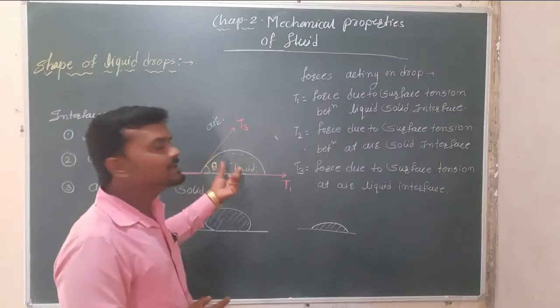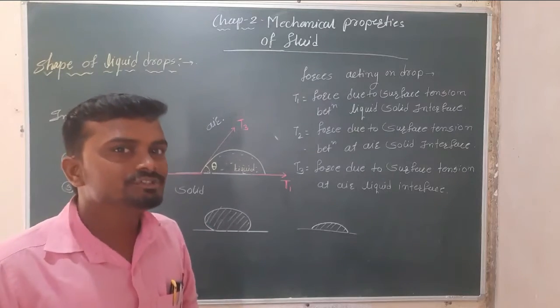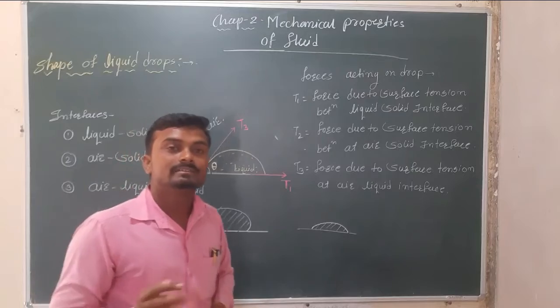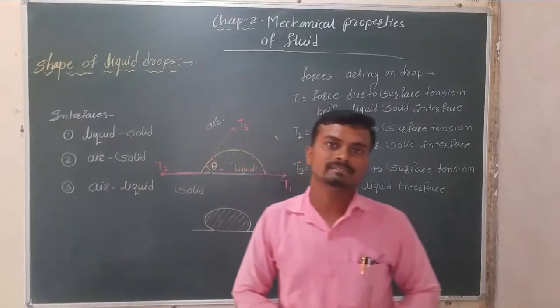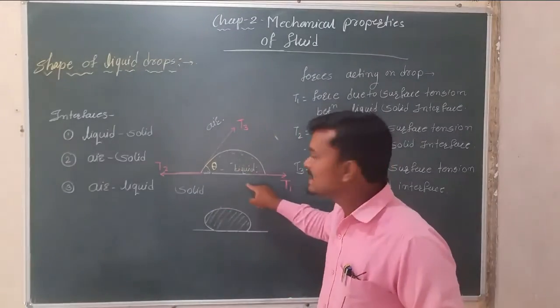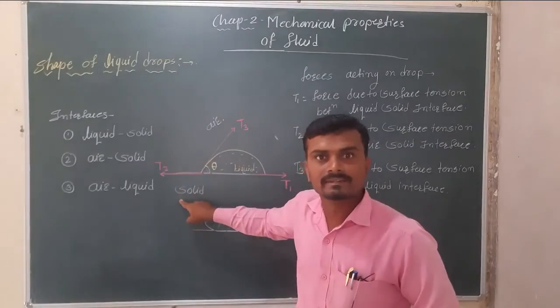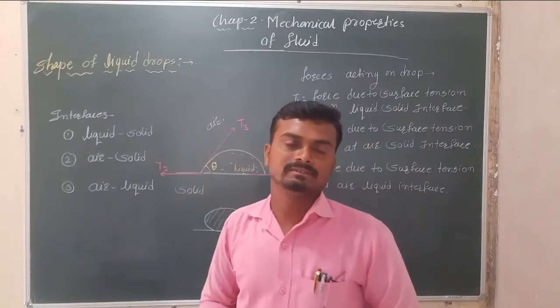If we consider a liquid drop which is in contact with a solid, then in that situation there are three interfaces. First interface is a liquid-solid interface. Second is an air and solid interface, and third one is an air and liquid interface.